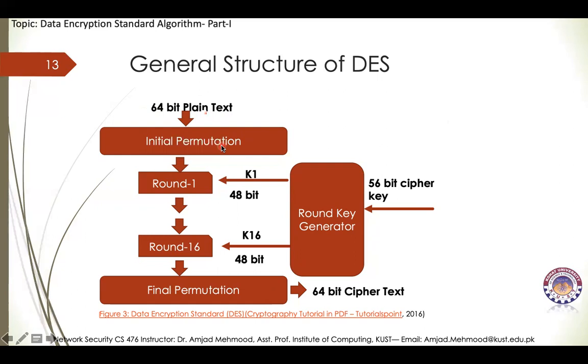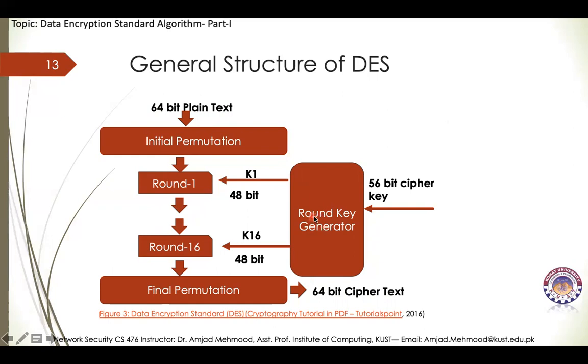As this is our topic of today, I'll be explaining what initial permutation is. After that it passes to round number 1. Then we have 15 more rounds, up to the 16th round, and then finally it is passed to the final permutation, which produces the 64-bit ciphertext.